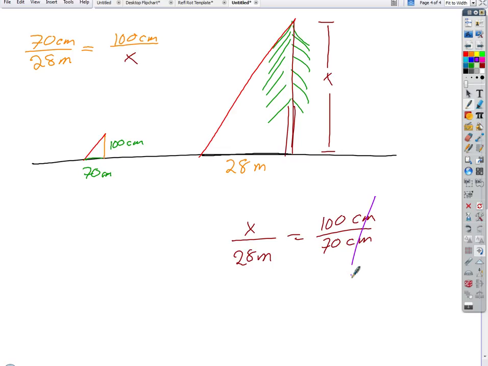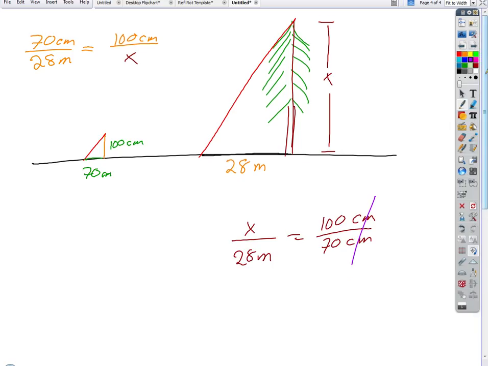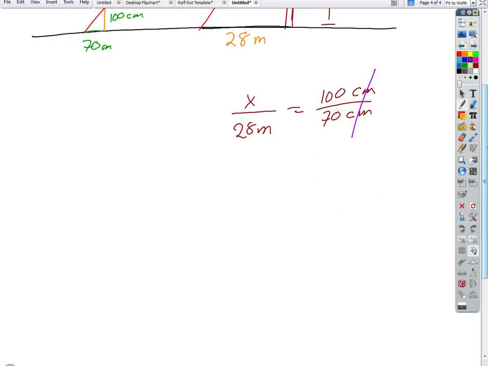And so now if I cross multiply, or I'll just multiply each side by 28 meters. Then I've got X over 28 meters equals, I can cancel a 0, 10 sevenths.